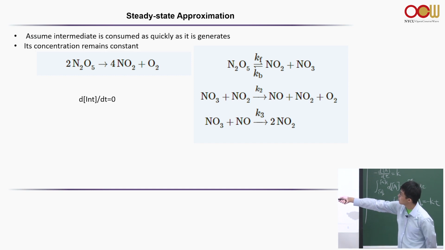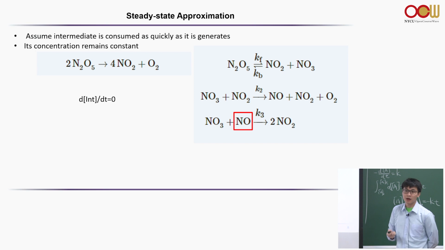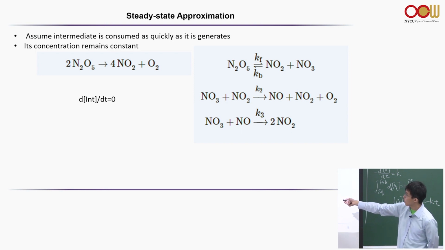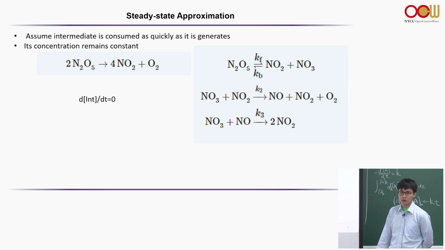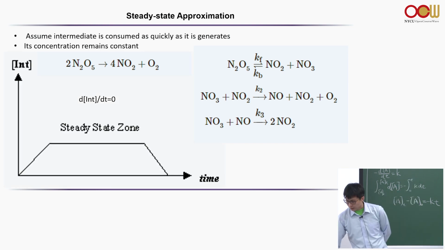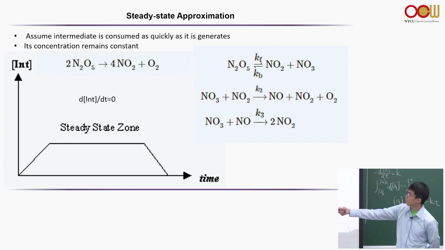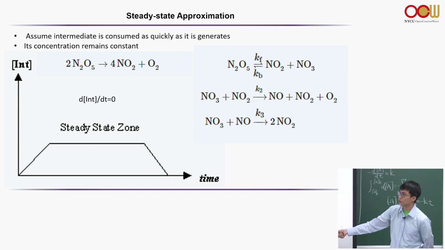So that means the NO is consumed somehow in such a process. So NO3 plus NO becomes NO2. And if you add these together, then you will get such an equation. By doing steady state, if we're looking at the intermediate in your reaction, you will reach a state where, for instance, in this reaction, when you form the NO, it's consumed by the NO3 immediately.